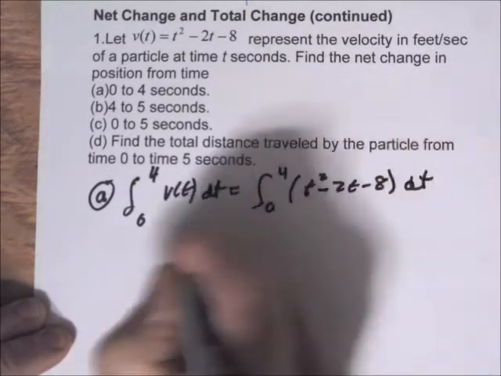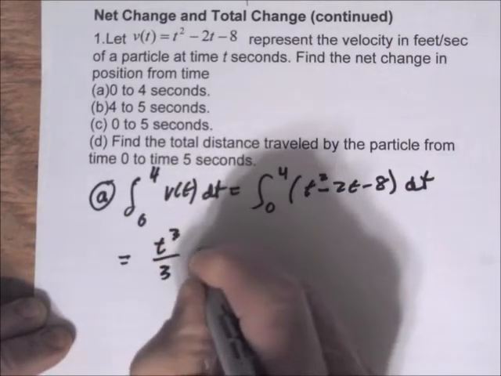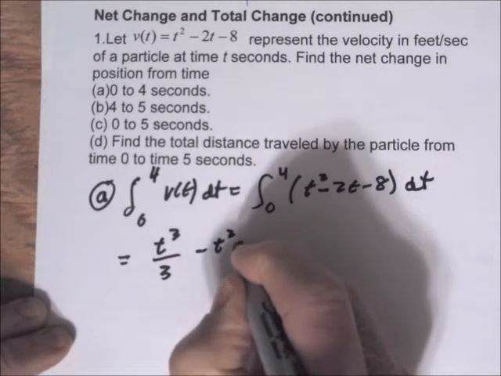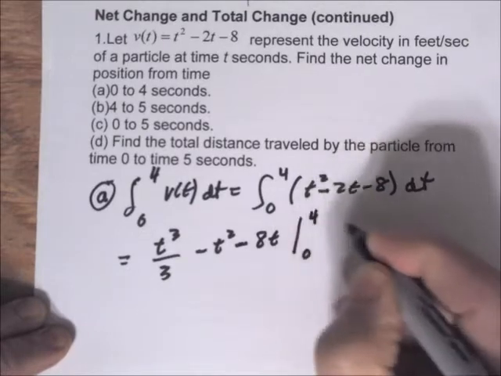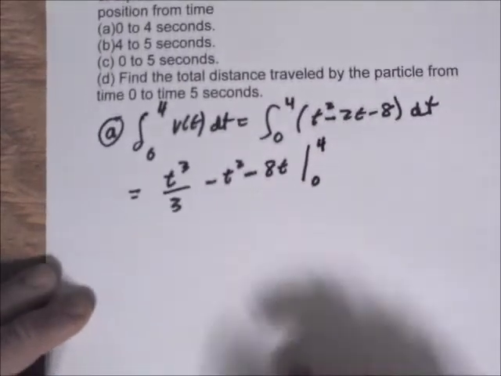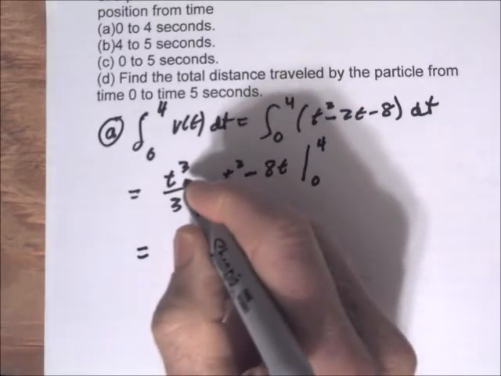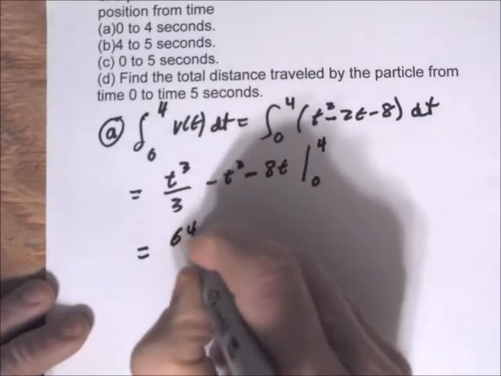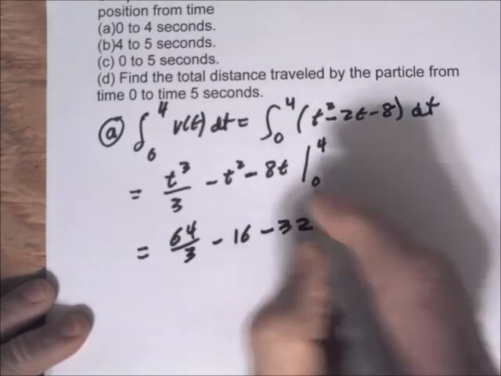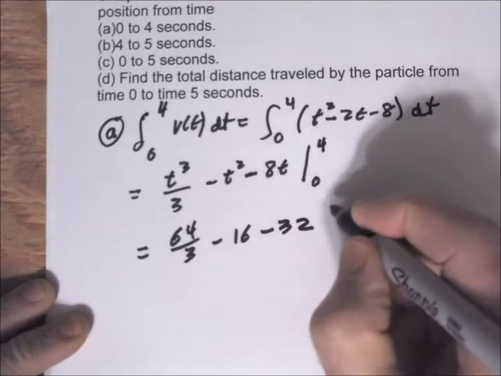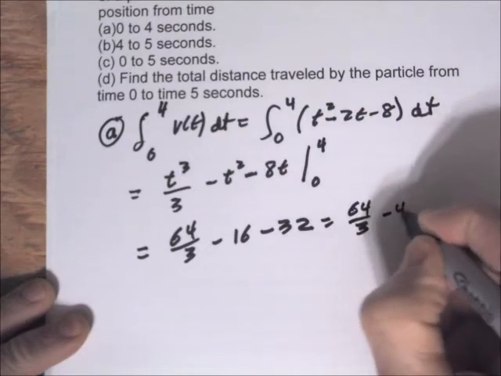You take the antiderivative, it's t cubed over 3 minus t squared minus 8t, evaluated at 0 and 4. And this will be, put in 4 there. 4 cubed is 64 over 3 minus 16 minus 32. At the lower limit everything is 0. So this is 64 over 3 minus 48.